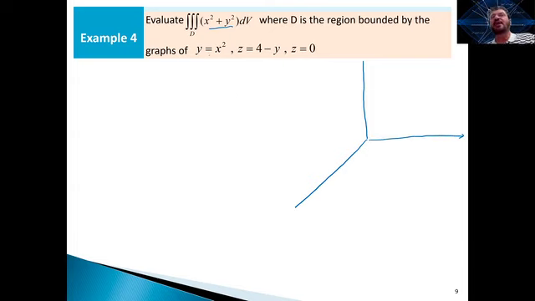We have y equal x squared. It's going to move on the function up and down. Okay. And z is equal to 4 minus y. Well, what is this? So we have so many regions to think of. Okay, so let's start the work. All right.